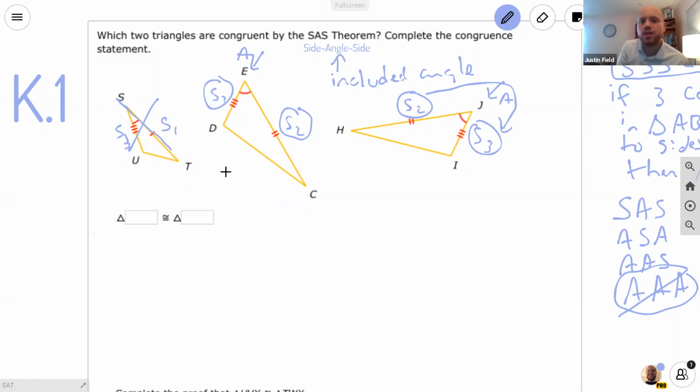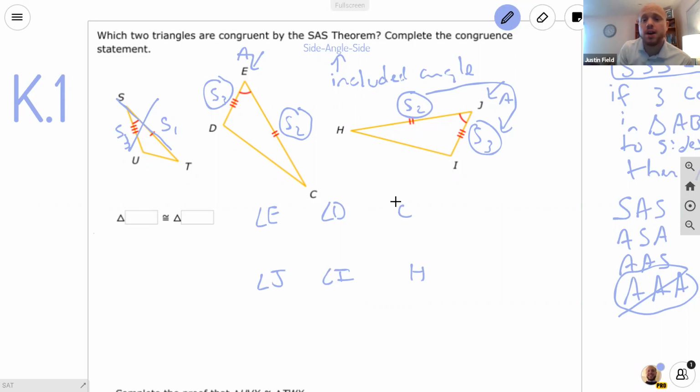So my thought was, if we write the angles in the order that they correspond, E, D, C, and in this one, J, I, H. So these are angles.